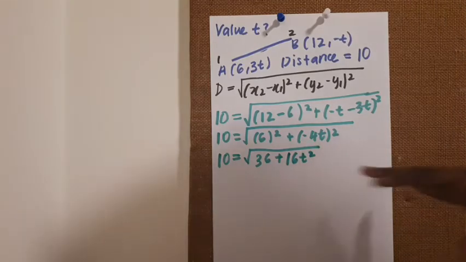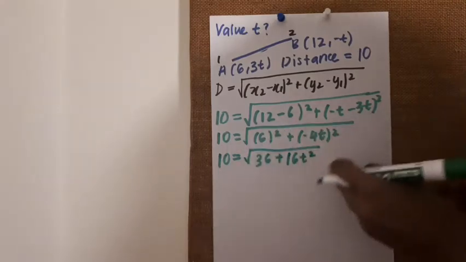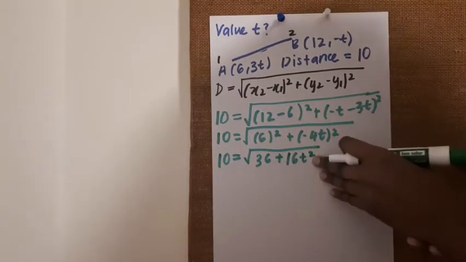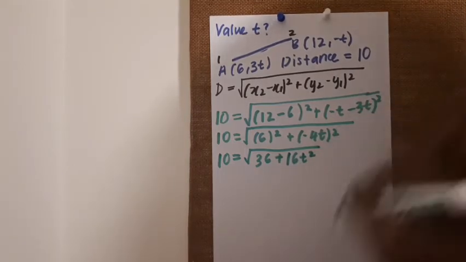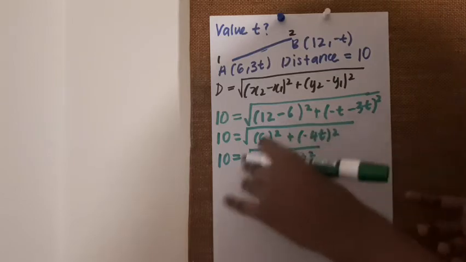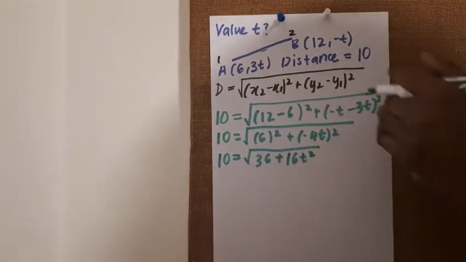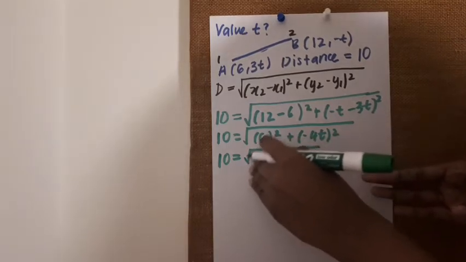Okay, and now we can see that you have t here which you have to solve. So make t your subject. To do that, you have to get rid of every square root or anything related to t. First, start with cancelling off the square root here.